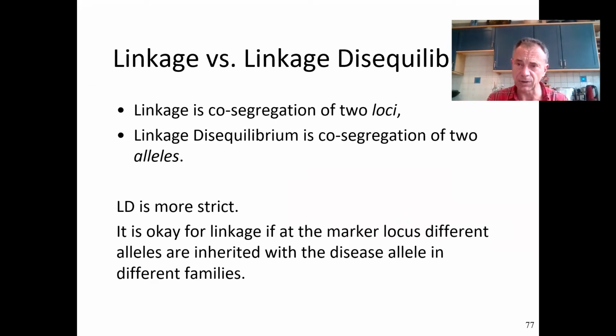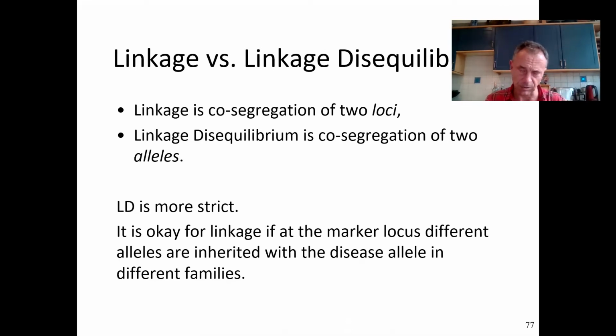Linkage disequilibrium association is observed as association of an allele with a phenotype, and it's that the 2 alleles are going together at the level of the population. The 2 alleles tend to be found together. There's a particular marker allele which tends to be found more often than by chance on the chromosome bearing the disease mutation.